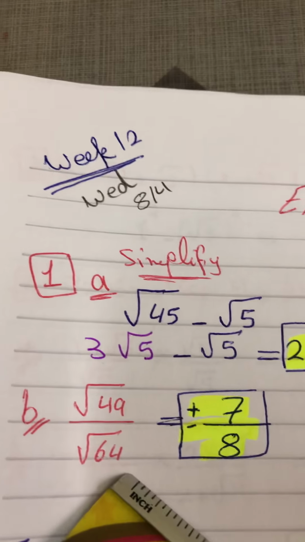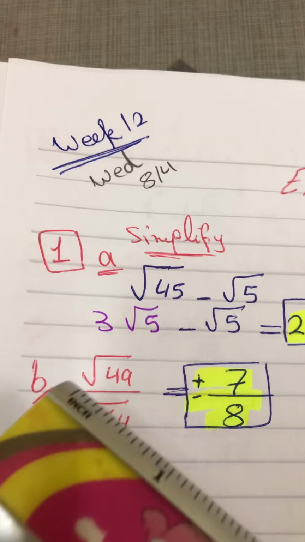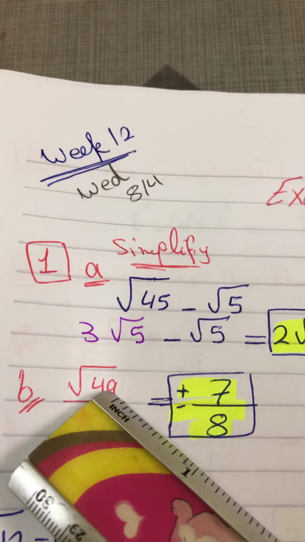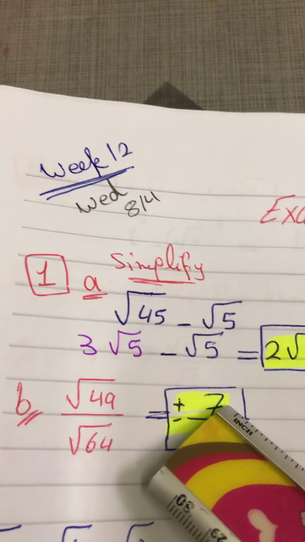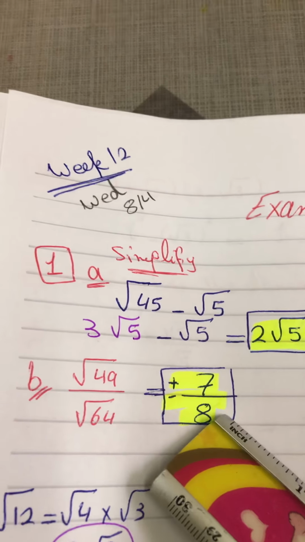Let's see letter B. He said simplify square root of 49 over square root of 64. The square root of 49 is positive and negative 7. Square root of 64 is positive and negative 8.